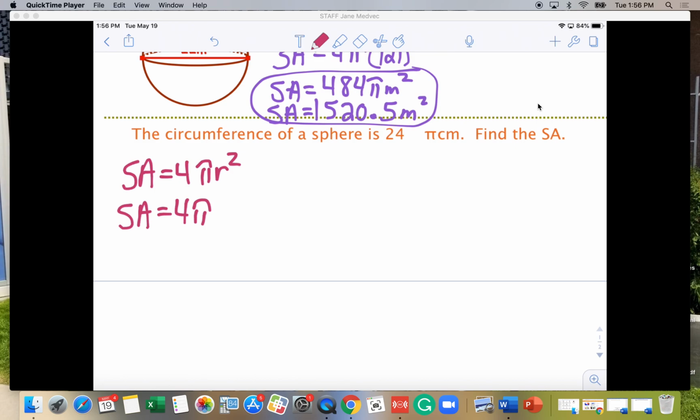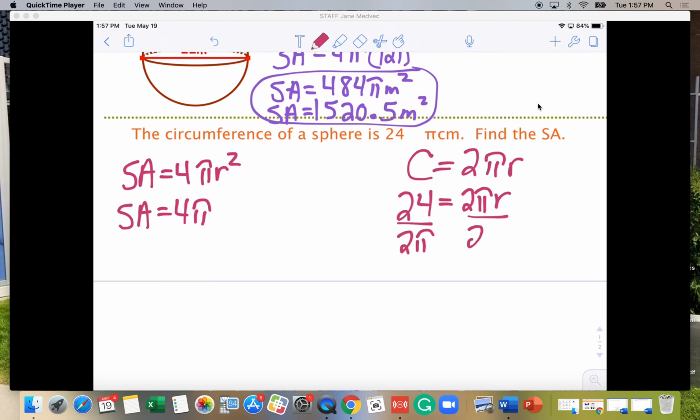What we do is grab the circumference formula, 2 pi r. We're going to take the circumference, which is 24, equals 2 pi r, and we need to find the radius. So I'm going to divide both sides by 2 pi. The radius is 24 over 2 pi, and I would leave it in those terms and plug it in that way.